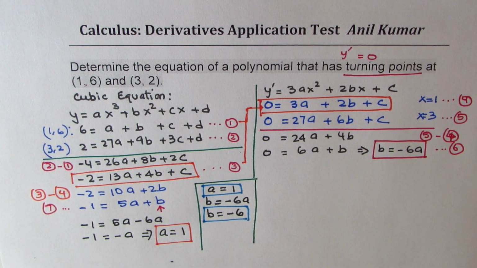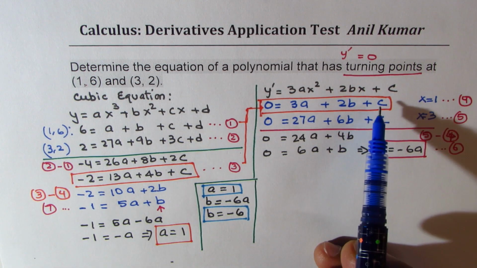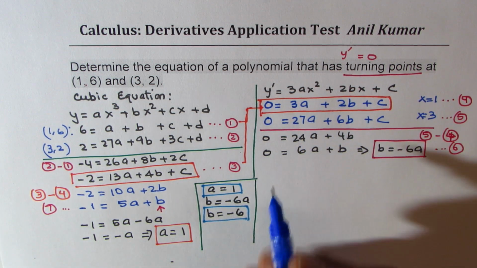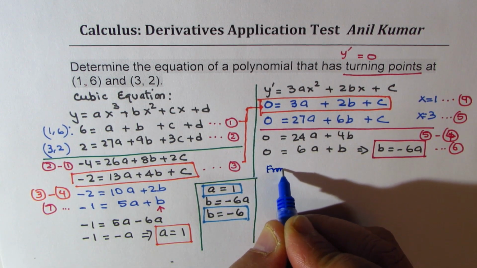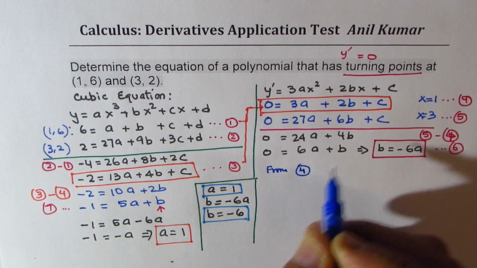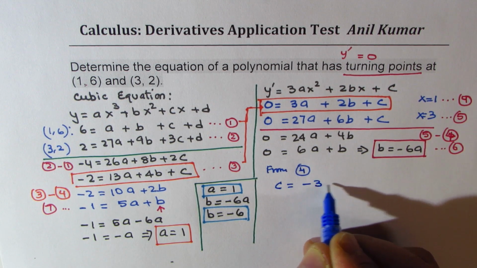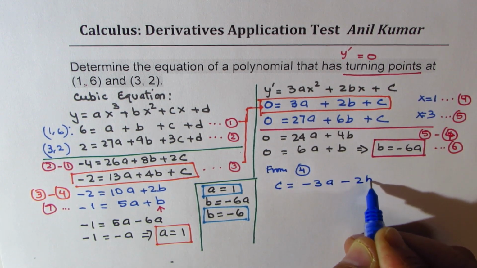How do we find c? The best equation to take for c will be equation 4 itself, right? So that's a neat equation. From equation 4, we can get c as equal to minus 3a minus 2b, right?